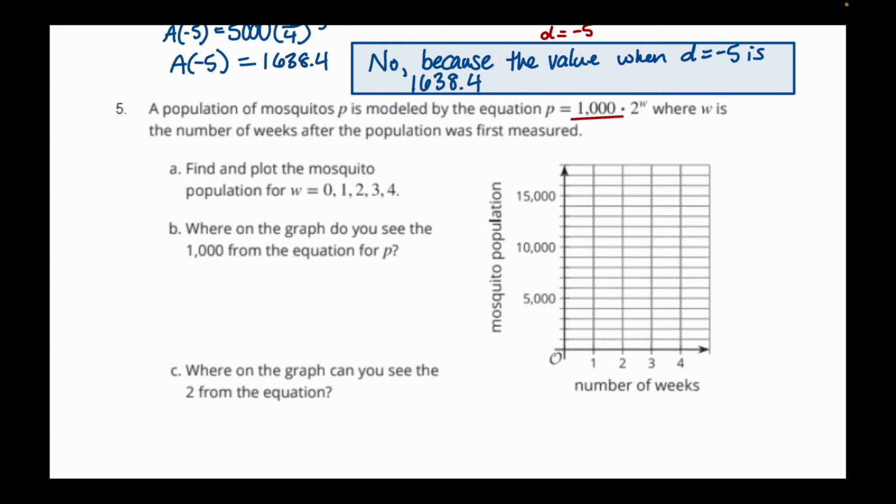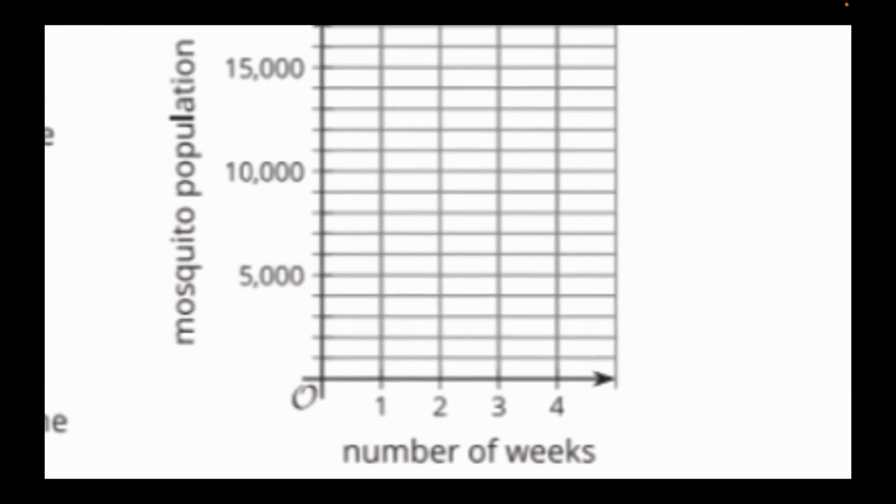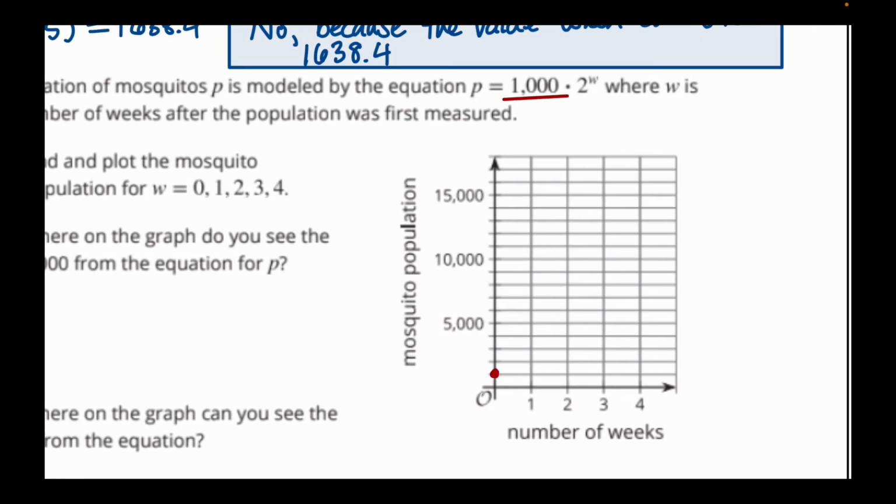The first number there that is not raised to an exponent, that is my initial value. So at 0, and it looks like these are counting each by 1,000, I would be starting here with my mosquitoes. And let's see, this is doubling, so it is times 2. So every time a week passes, I'm going to double this amount.